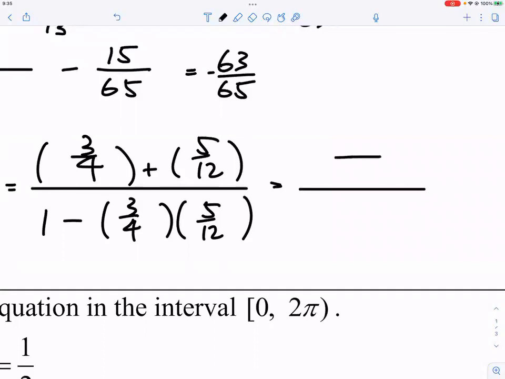So for the numerator, you would have, well, let me do it step by step. So we have to have a common denominator. And then for the denominator, I would have 1 minus 15 over, oh, hold on. What am I doing? No, that's not a good move.